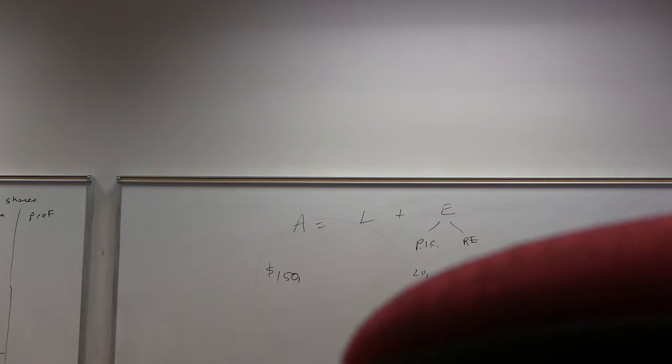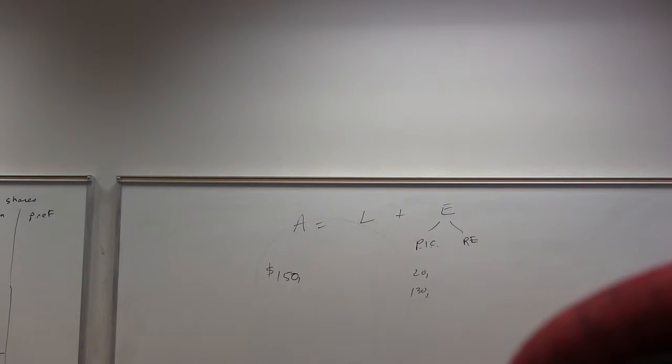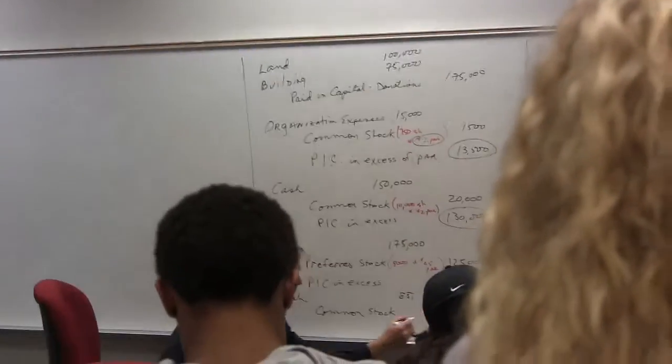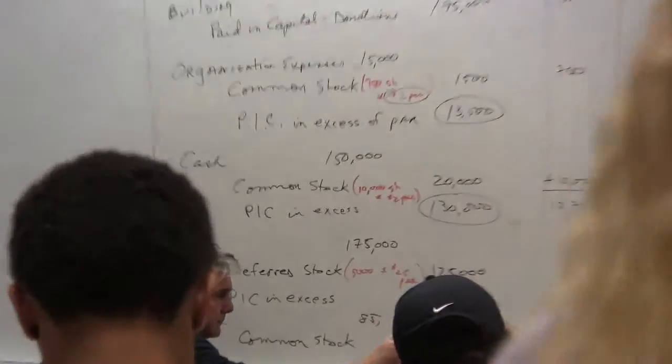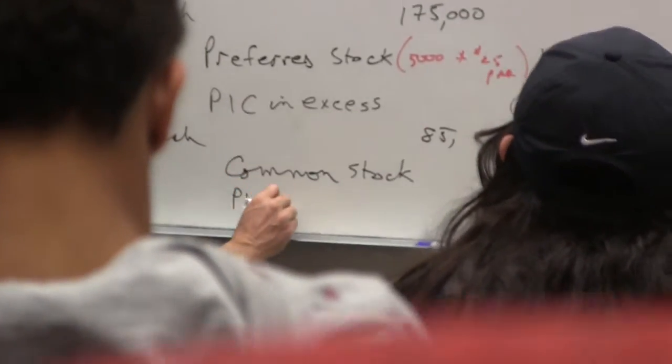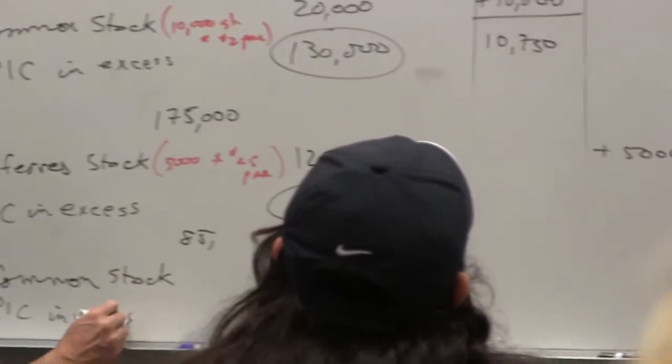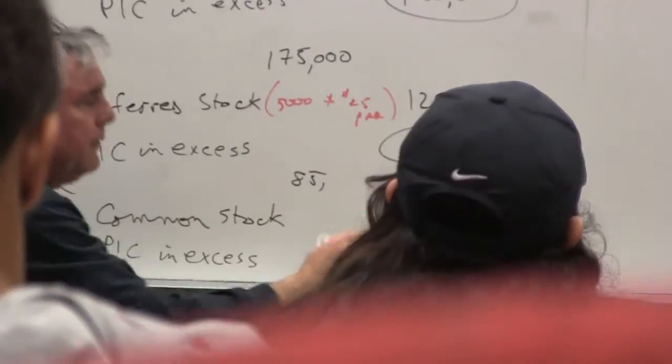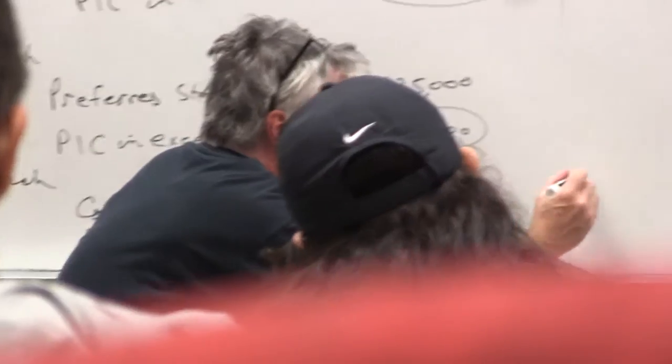Okay, because you're so good at just following the rules, that should have taken you about 2 seconds. Cash, 85, common stock. How much, Quincy? Huh? 10. And paid-in capital in excess, 75, and that leaves us another 5,000 in common.